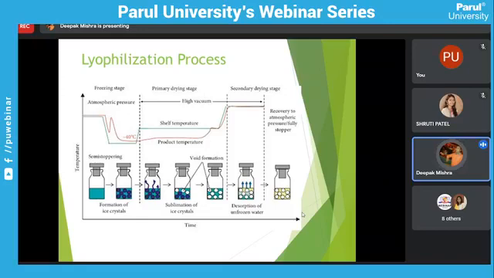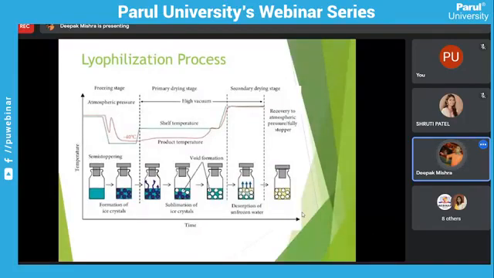Whenever our product temperature crosses the shelf temperature, it is called the primary drying endpoint. On that basis, we can see that only 5 to 10% water remains in my product. The next step is secondary drying, because bound water we can also remove, so we can increase the temperature in the secondary drying step.